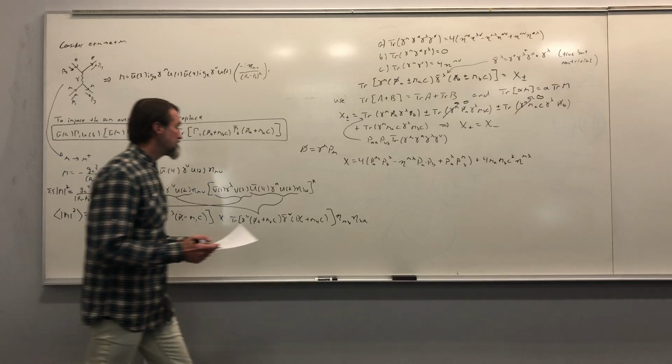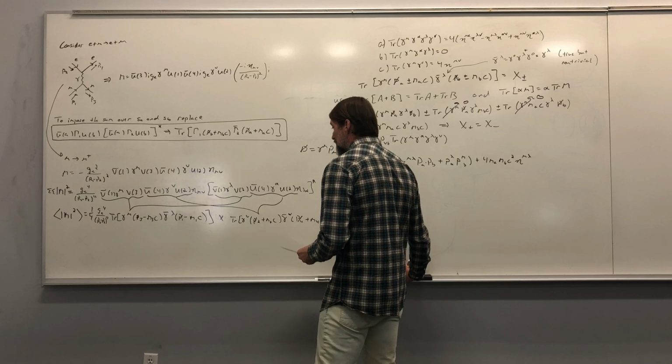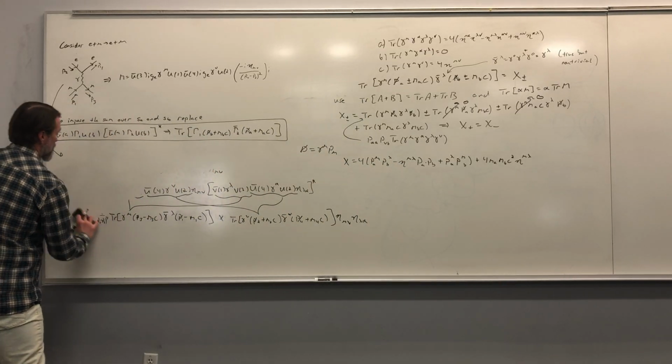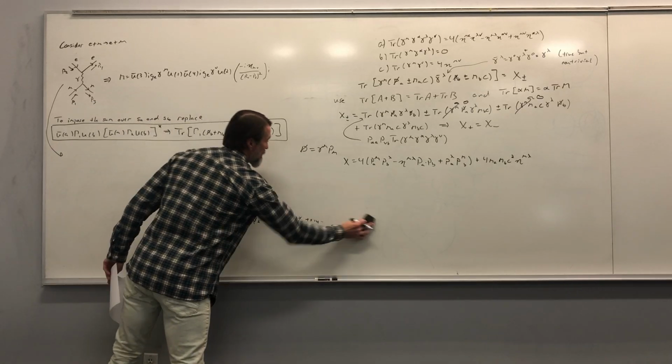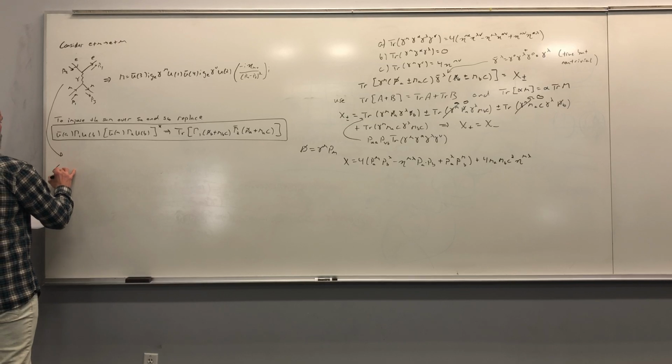All right, so now we can write our final expression for m squared, and I think I'm going to do it over here, because we're going to use this in a few minutes. But our final version of m squared is the following.